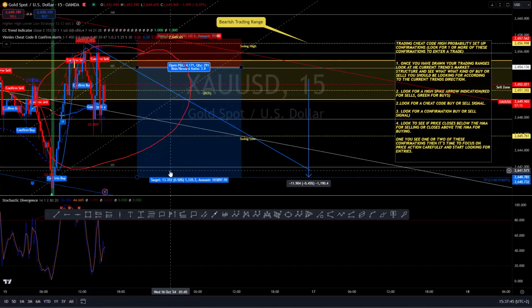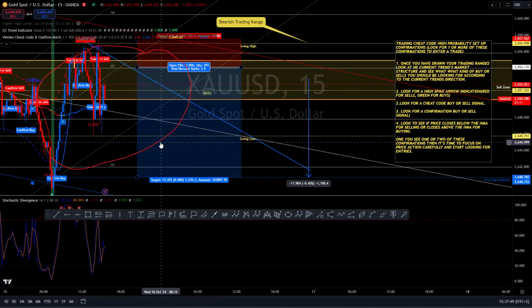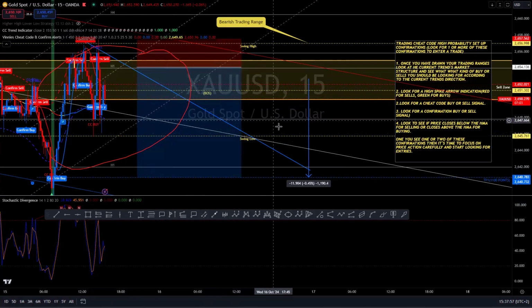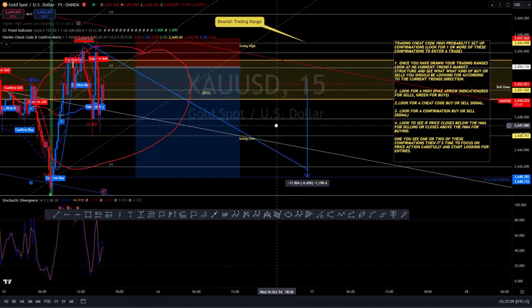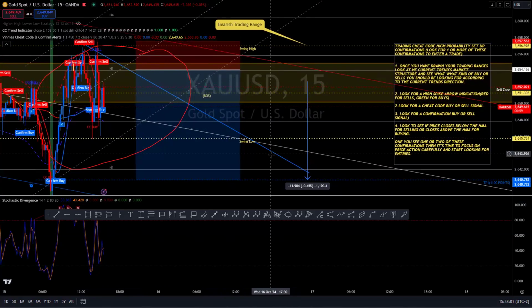That's the point. This might be a confirmation sell signal here. I mean, candle here.